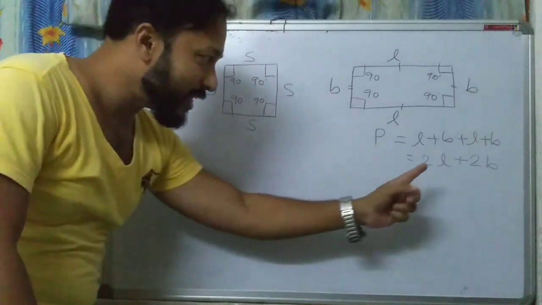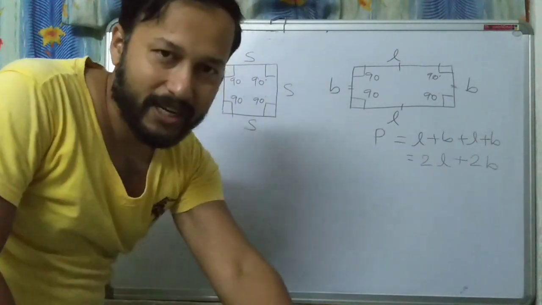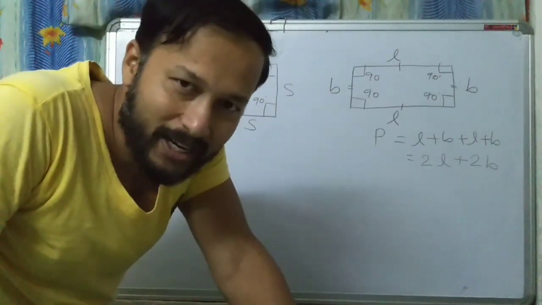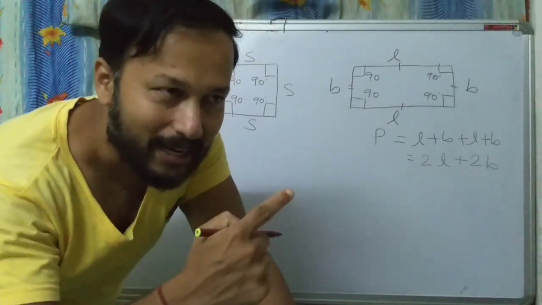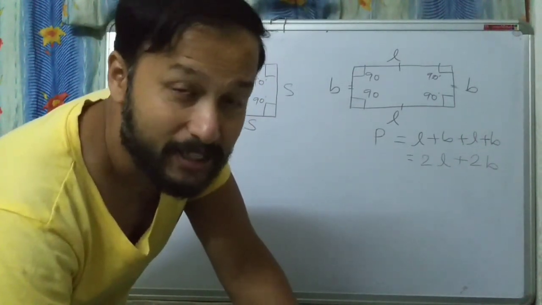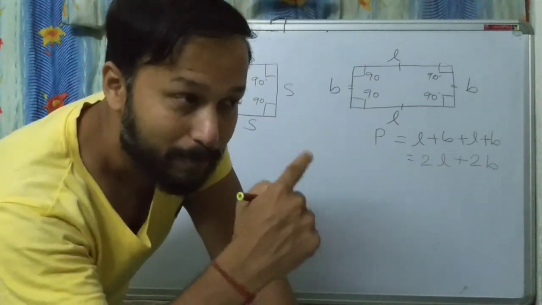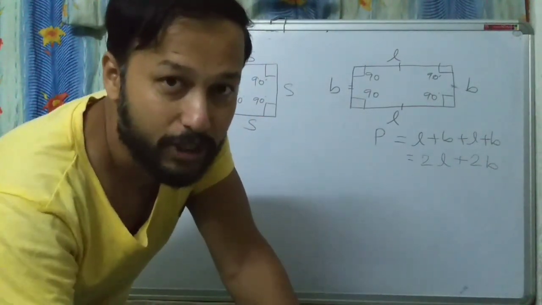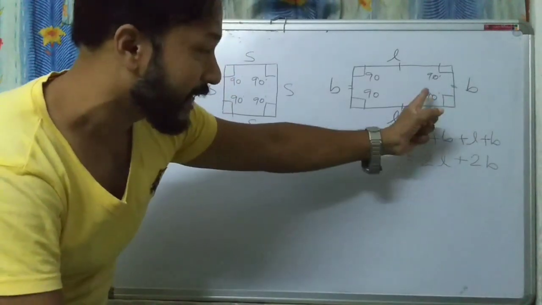So this is the formula of perimeter, 2l plus 2b. L is length, b is breadth. So 2l plus 2b is equal to the perimeter of a rectangle.